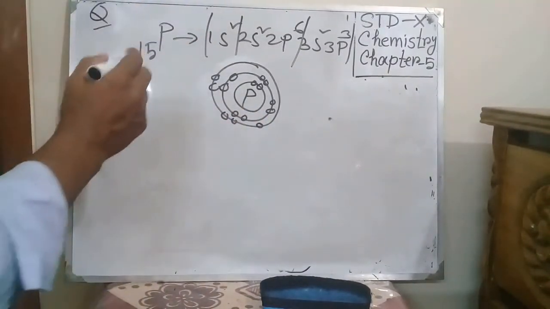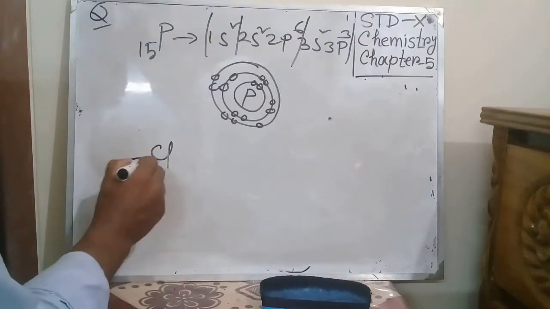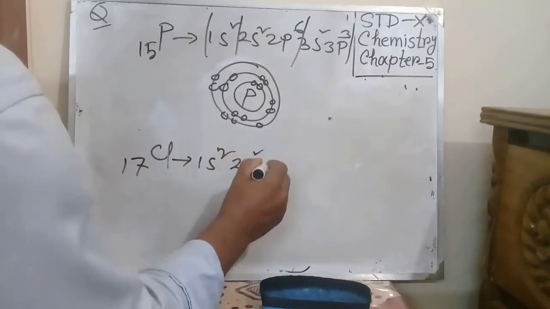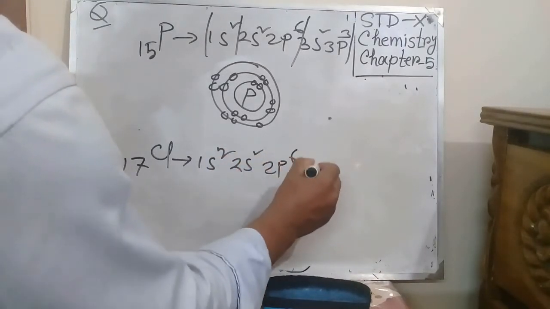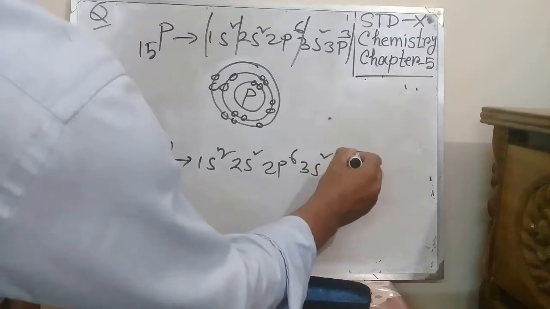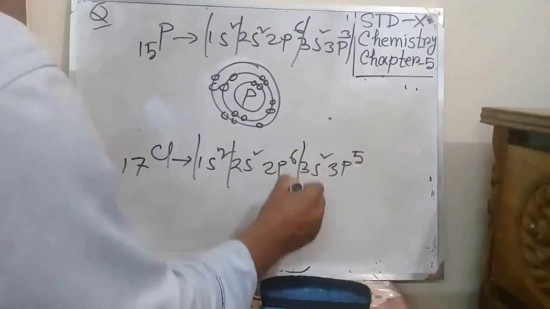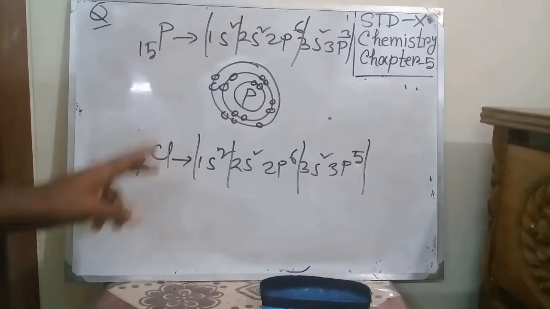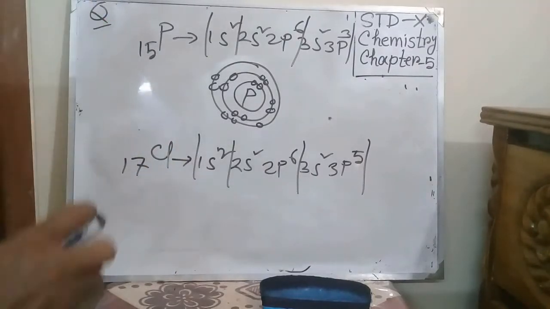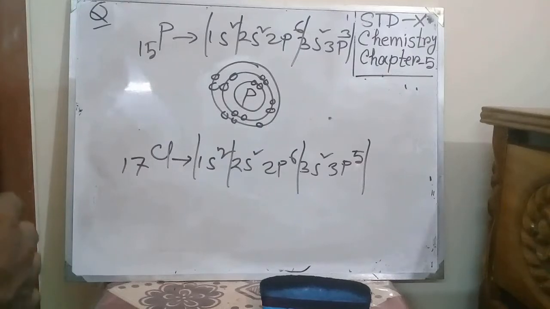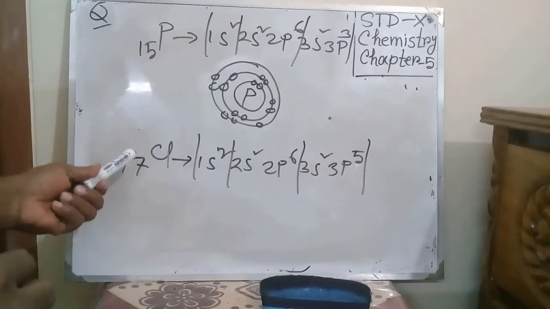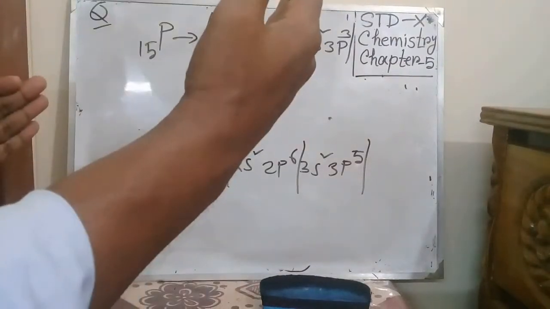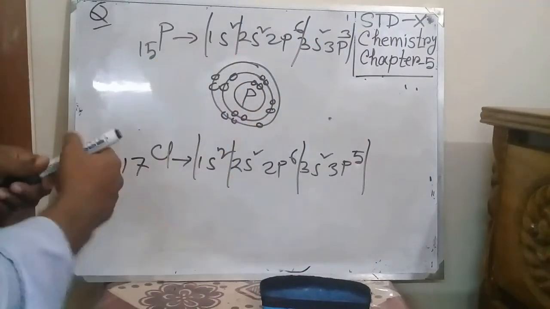If I show the electron configuration of chlorine, then we get 1s2, 2s2, 2p6, 3s2, 3p5. Similarly, in the first shell there are 2 electrons, in the second shell there are 8 electrons, and in the third shell there are 7 electrons. 2 electrons are more in chlorine. So if I go from left to right, the number of shells is the same.